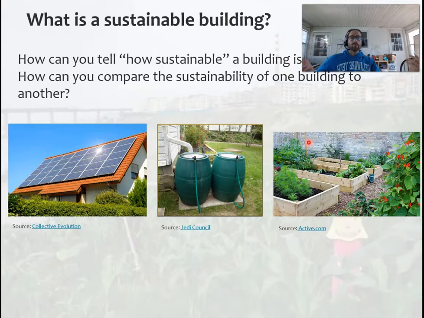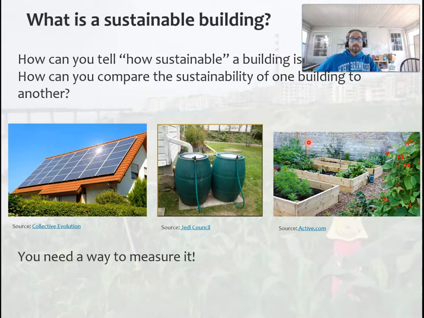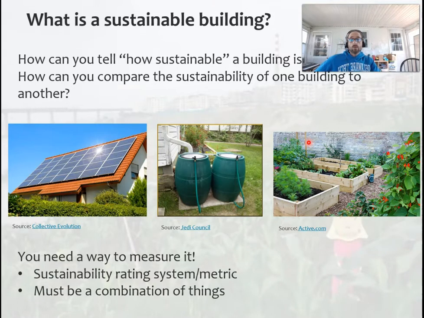There's almost innumerable things that you could consider for sustainability because, as you know now, sustainability is such a broad topic. But the key to all this is if you want to determine how sustainable a building is, you need a way to measure it. You need metrics, okay? And these metrics are going to measure any number of things.